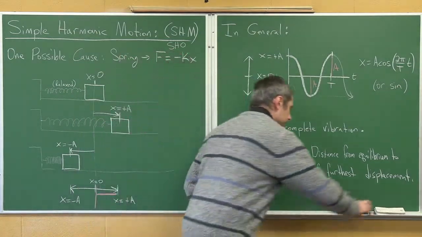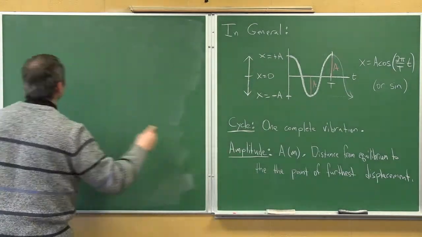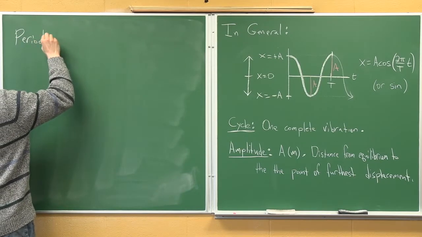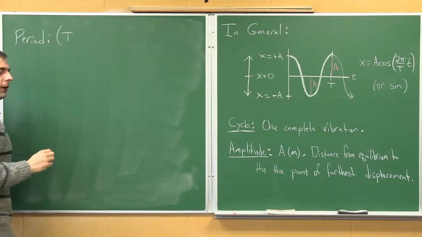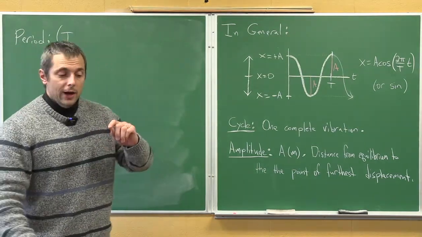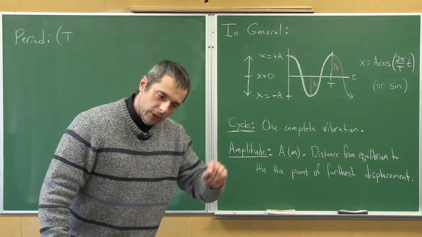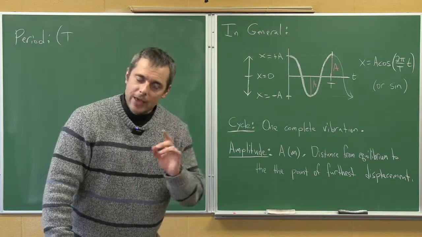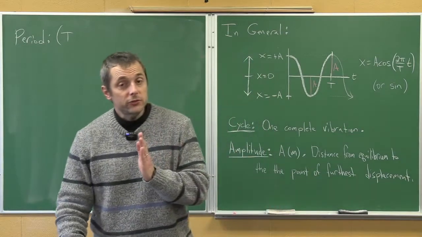A couple more terms. Let me make some room. Amplitude, next term, period. The symbol we use for it is capital T. We already saw this when we were studying orbits, or circular motion. When things went around again and again, we don't use a lowercase t, we use the capital T. This isn't going around in a circle, it's going back and forth, but it's the same idea.